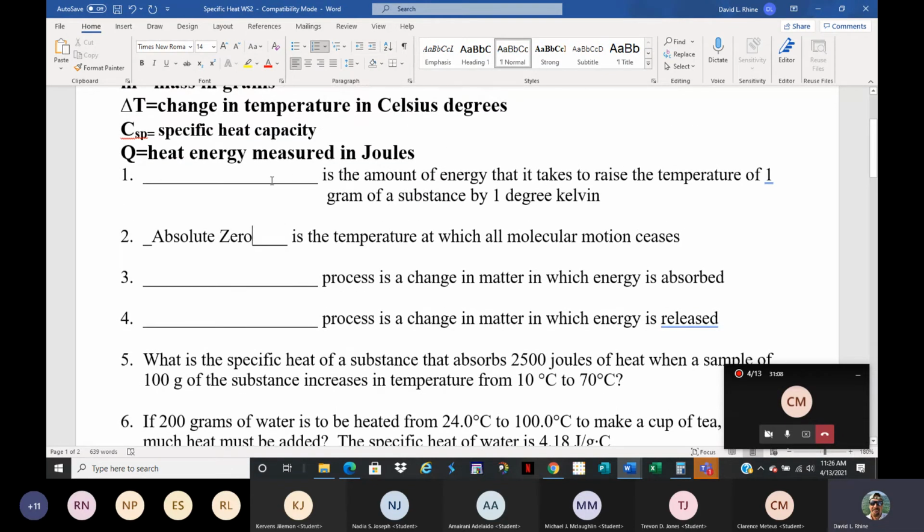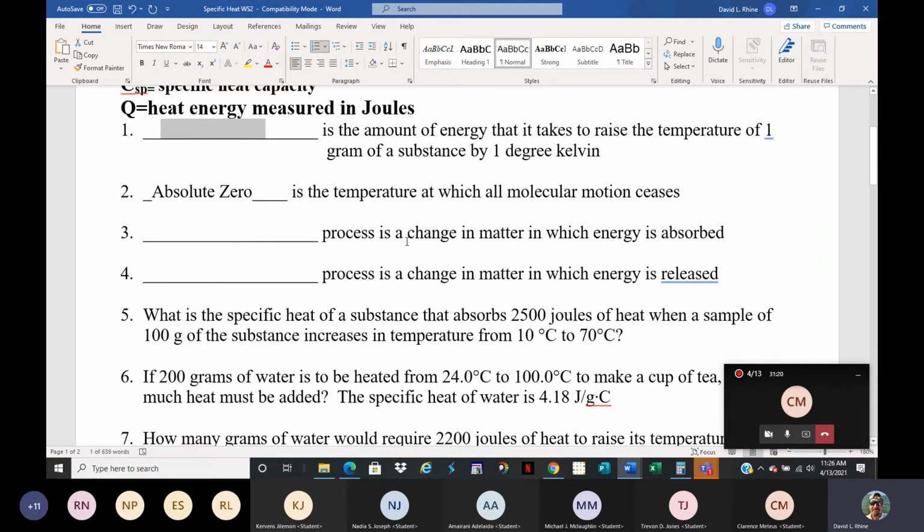All right. So the first one here is what? That's what today's lesson's about. That's specific heat, or you could say more specific heat capacity. When energy is absorbed, what are we doing to it? Begins with an H. Ends in ing. Heating.